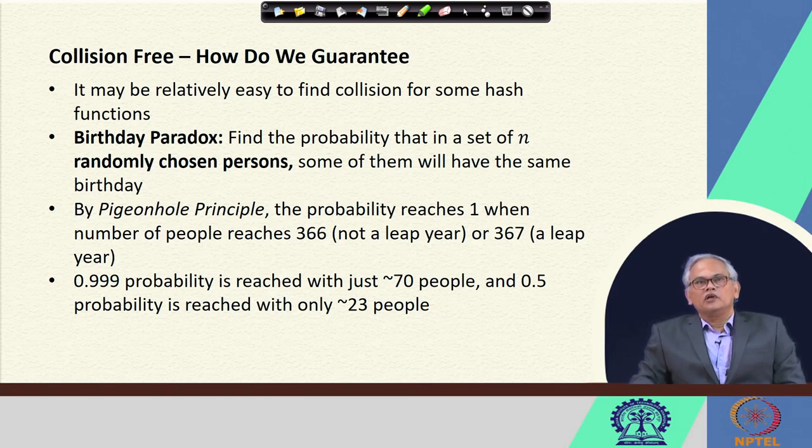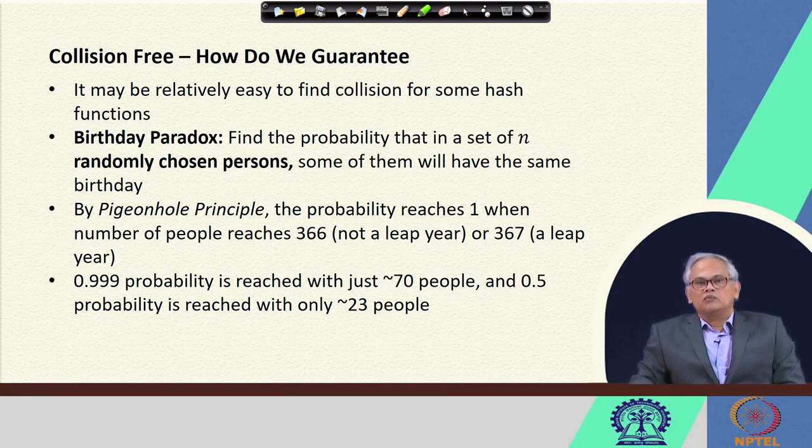For example, we know about this concept of the birthday paradox, which asks: suppose in a room there are n randomly chosen persons, what is the probability that some of them will have the same birthday?